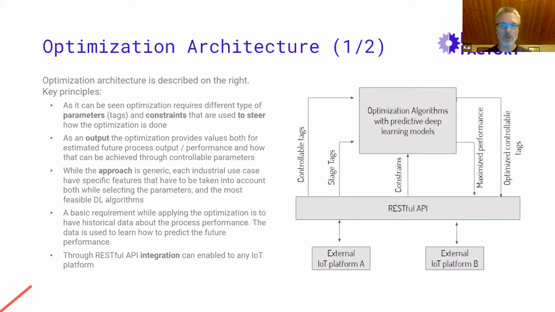And of course, there are constraints affecting a process and how it should be optimized. Out of this optimization comes information about maximized performance, whatever the objective is that we are optimizing against, and how that performance can be achieved through optimized controllable tags.